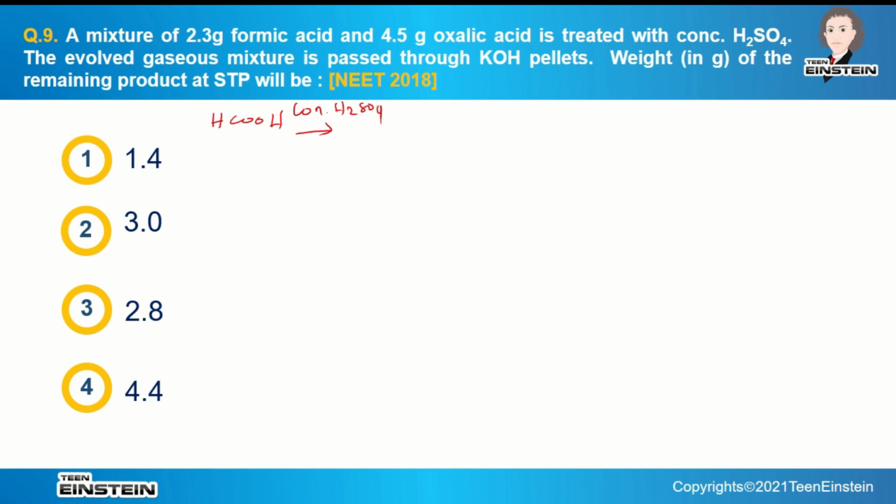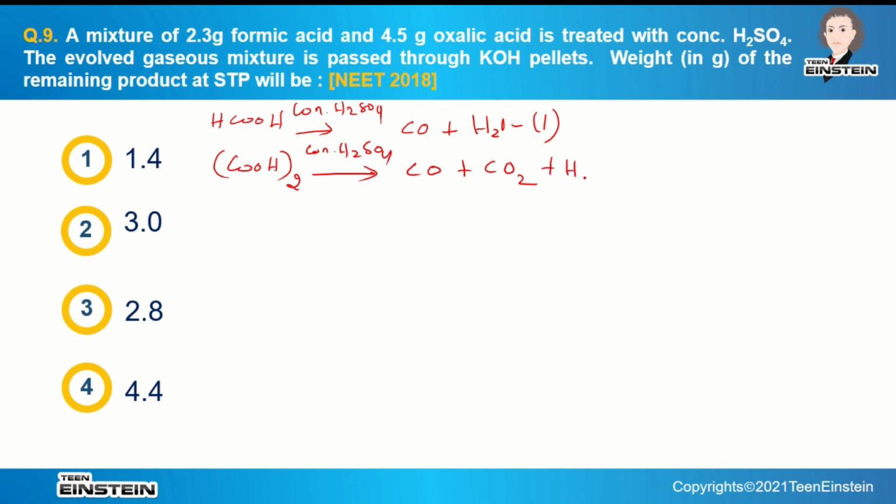Here sulfuric acid is a strong dehydrating agent, which gives carbon monoxide plus water molecule. So next we take oxalic acid, that is (COOH)2, which treated with concentrated sulfuric acid gives carbon monoxide plus carbon dioxide plus water molecule.